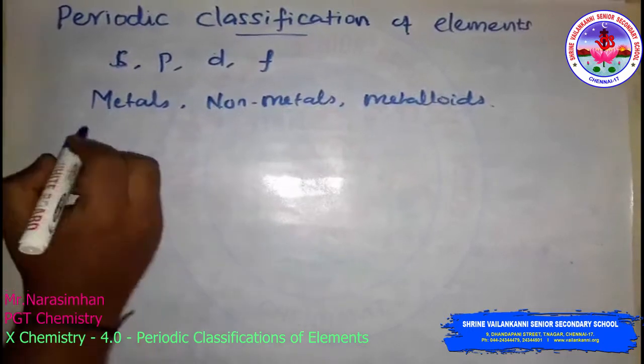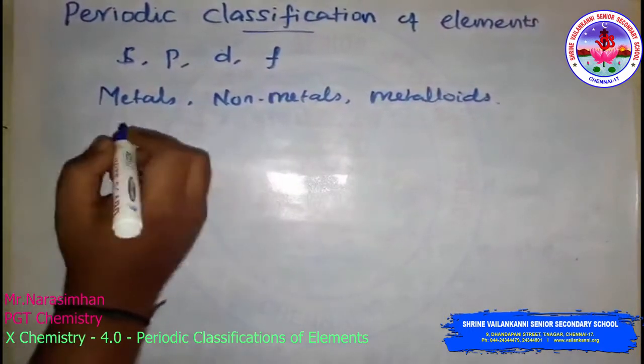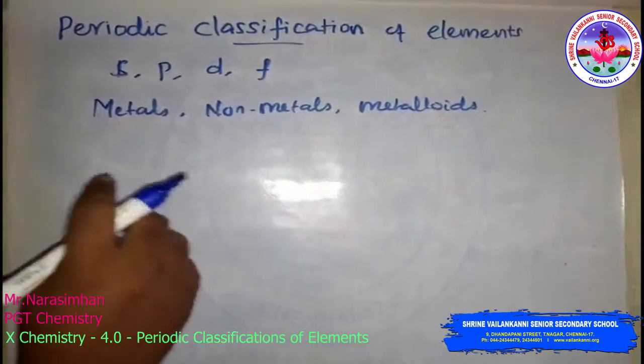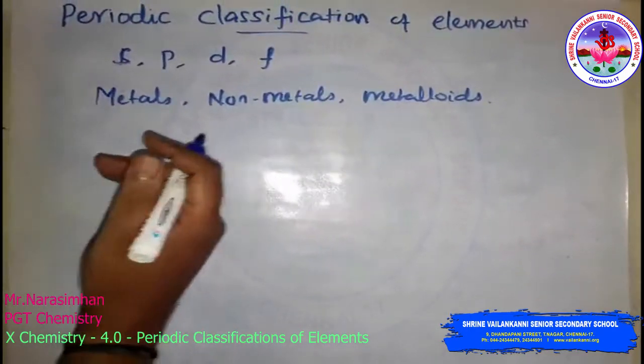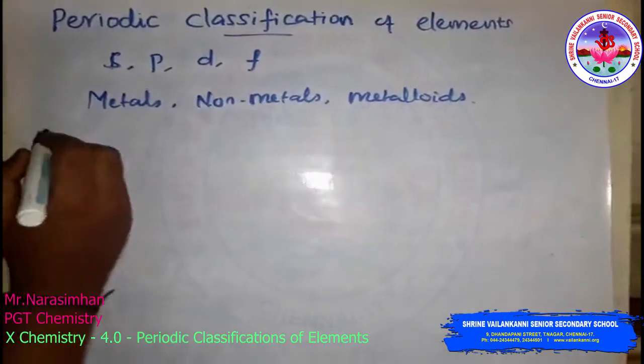First we will discuss making order out of chaos, that is, early attempts at the classification of elements.